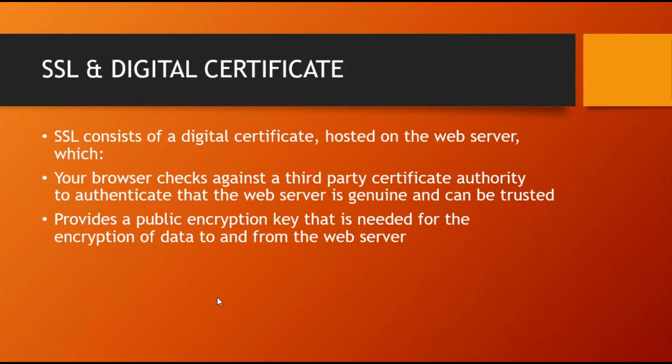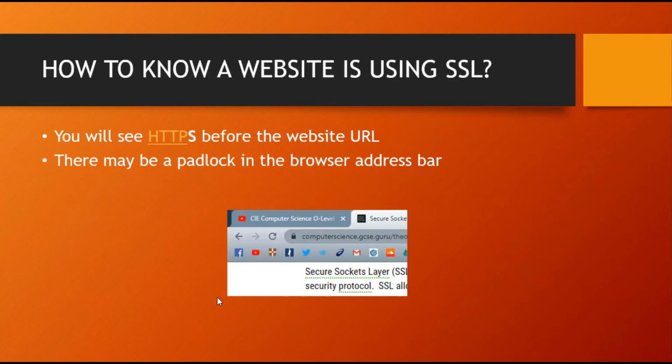So, after the certificate authority has authenticated that the web server is genuine, you get a public key that you can use to encrypt data to send to the web server, making it secure. So, in other words, SSL hides information that goes from your computer to the server using a digital certificate.